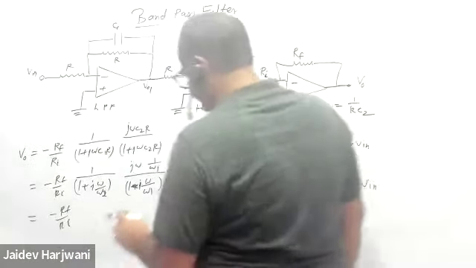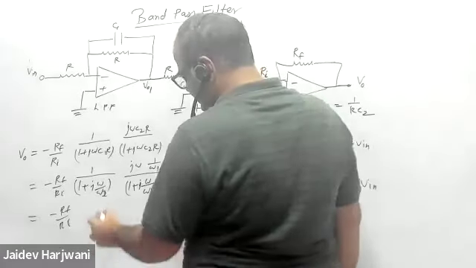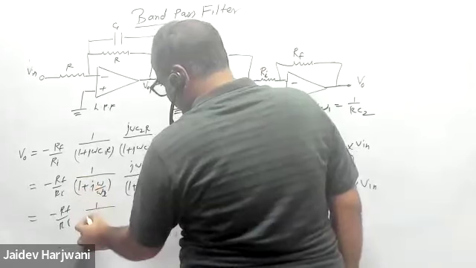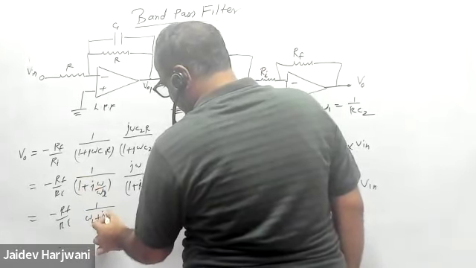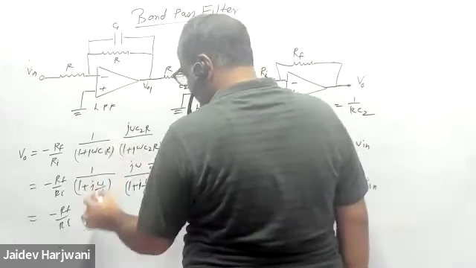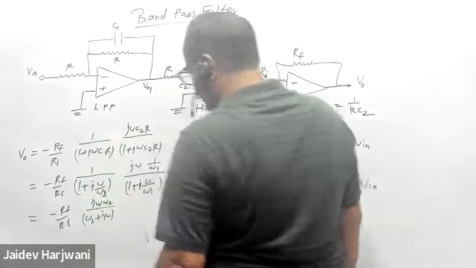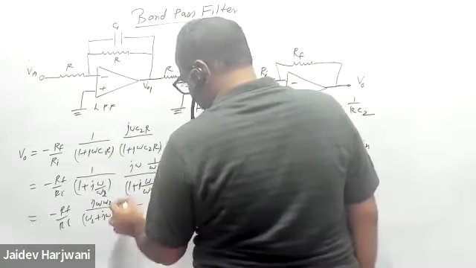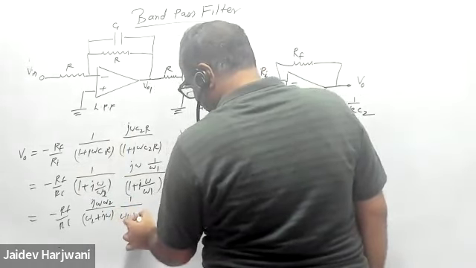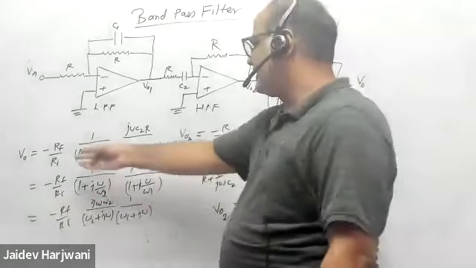It's plus only. Please check the calculations. I'm just writing the final answer. So what will become now? This becomes 1 upon omega 2 plus j omega. Omega 2 will go, omega 1 omega will cancel. So I will have a final answer j omega over omega 2, and this is your final 1 upon omega 1 plus j omega. Okay, only writing this much is enough.